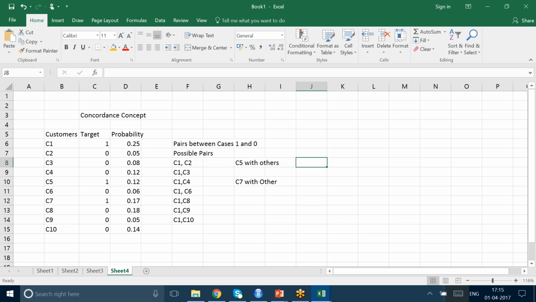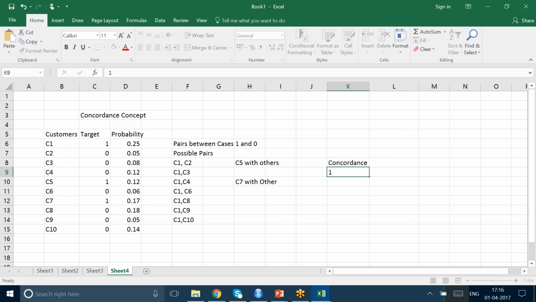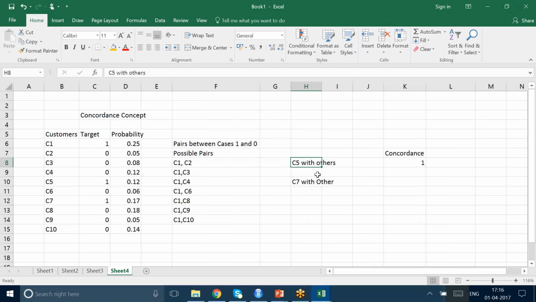So in this pair, when I'm talking about C1 and C2, it is in concordance with what I want. Agreed? So that is 1. Likewise, I'll have other pairs.